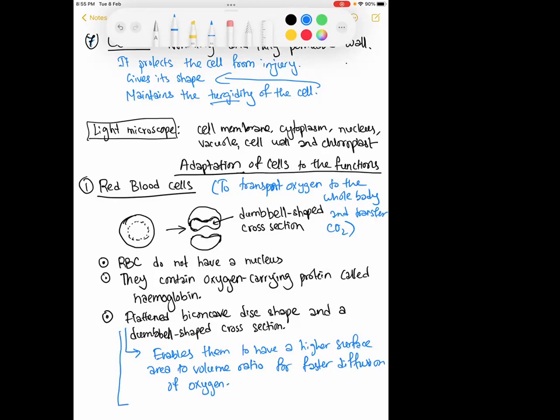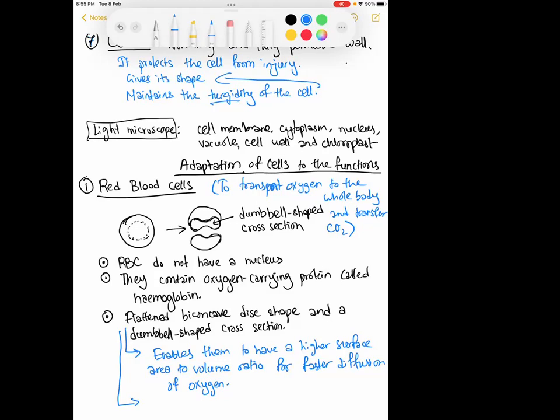Another point is that our blood cells travel through very thin capillaries, right? So it needs to have a shape that is very flexible so that it can easily squeeze through even the thinnest of the blood capillaries or veins.